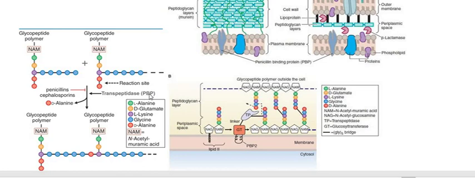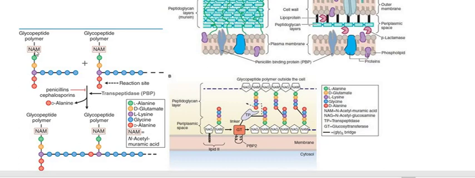P for penicillin, B for binding, and P for protein. These penicillin binding proteins are the enzymes that the penicillin and cephalosporin antibiotics inhibit. Therefore the lattice structure, or cross linkage, or the transpeptidation reaction is inhibited. So how is this lattice structure, or cross linking, formed?